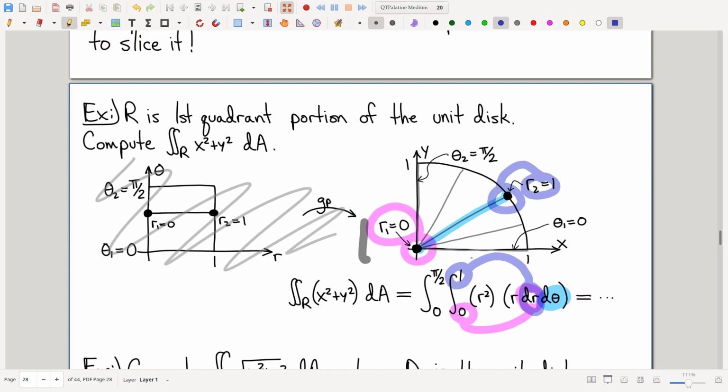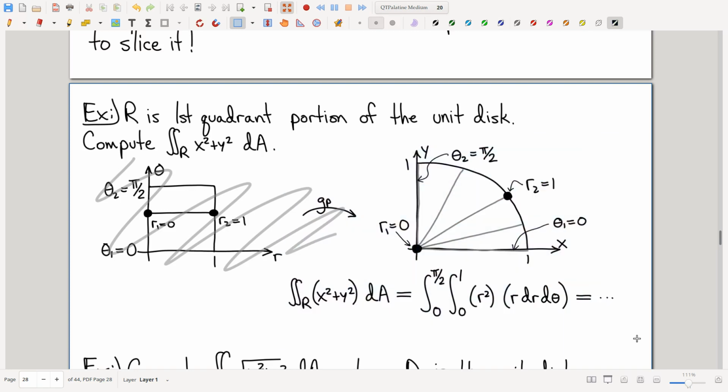I can see that data that I need in my existing picture. This is just a hack workaround to save you drawing extra stuff. Super handy. And so this is a very common point of view to take. This is called doing the integral in polar coordinates. That's just code for I'm doing a pullback, but I don't want to draw the picture, so let's see it all here.